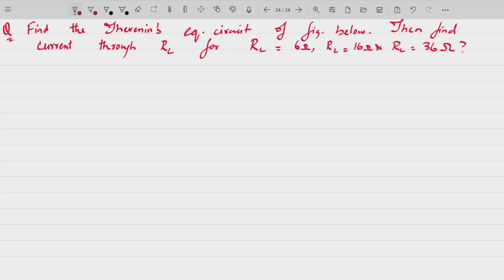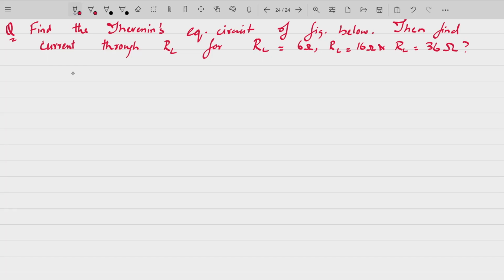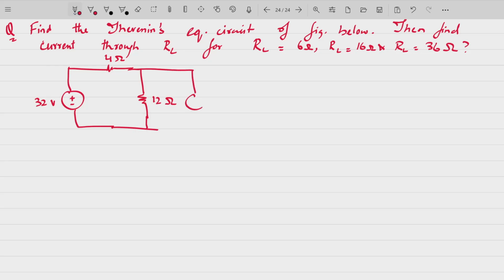So this is your circuit here. You have a voltage source, you have a resistance of 4 ohms, you have a resistance of 12 ohms. So this is a very important theorem that you have to remember.